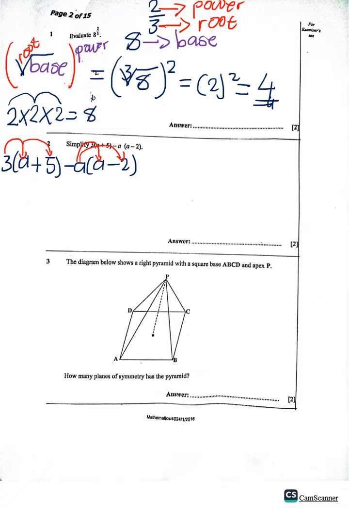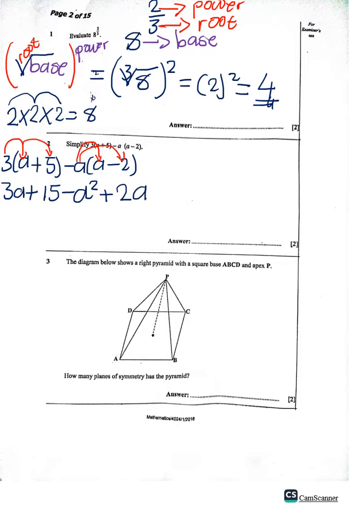So now we can begin. 3 multiplied by a is 3a, plus 3 times 5 is 15, minus a times a is a squared, negative times negative, that's positive, a times 2 is 2a.